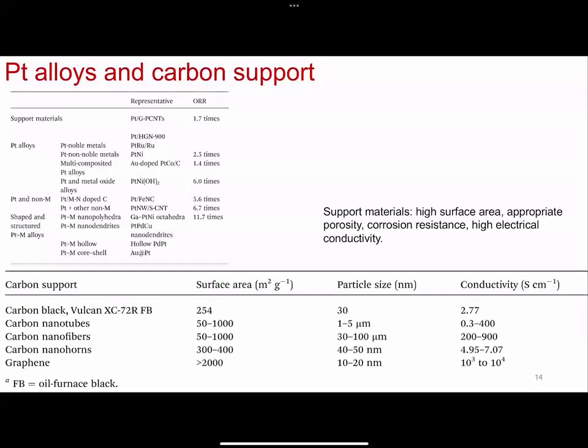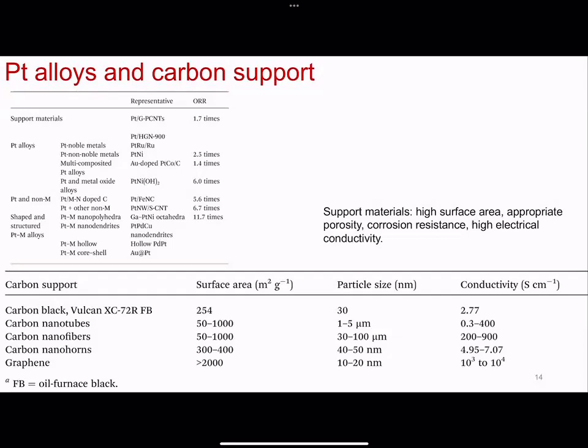Okay, so I just have here some charts as to what kind of carbon do you want? What kind of platinum do you want? What kind of activities will you get out? So for oxygen reduction reaction, here are some of the platinum alloys. Also platinum metal doped with, let's say, species that are not metal. So we talked about alloying with 3D transition metals. You can also just alloy and dope with carbon or what have you, and nanostructuring.